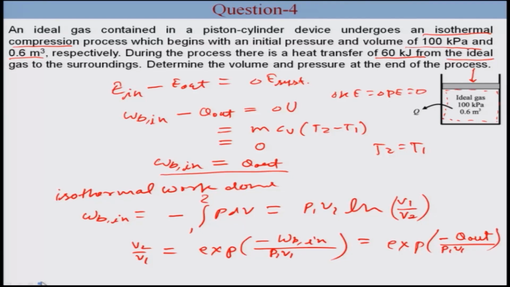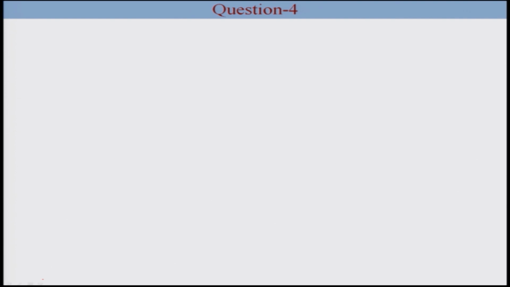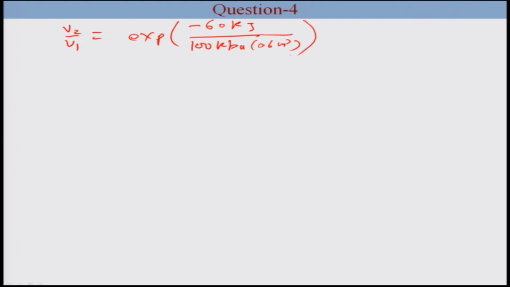Okay, so now since we know Q out is 60 kilojoule, V2 upon V1 equal to, it is given in the question that energy coming out of the system is 60 kilojoule, so this is exponent of minus 60 kilojoule upon initial pressure 100 kilopascal and volume 0.6 meter cube. So this gives exponent to the power minus 1.